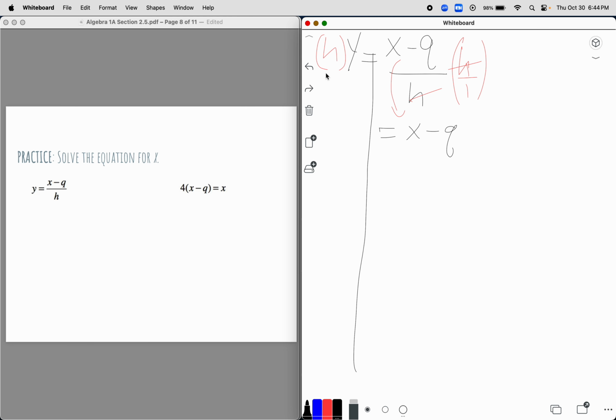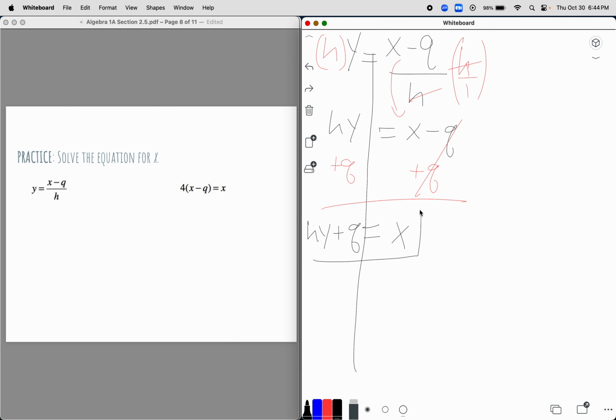Here, we have h times y, or hy. Lastly, x is being subtracted by q, so we're going to add q on both sides. Q's go away. On the left-hand side, we have hy plus q equals x, okay?